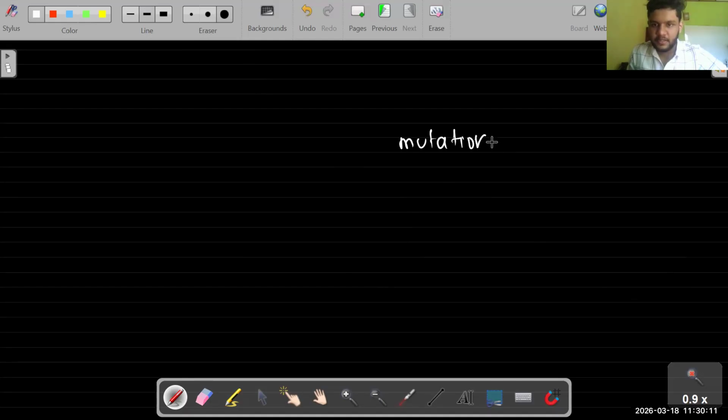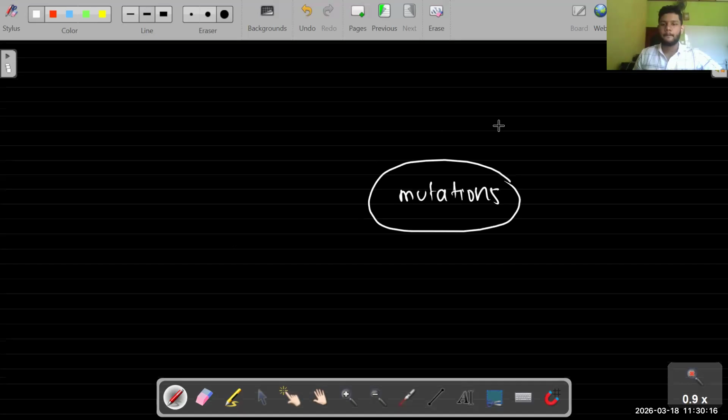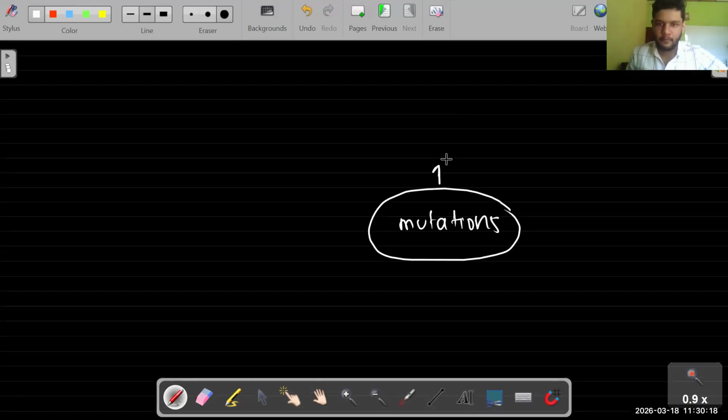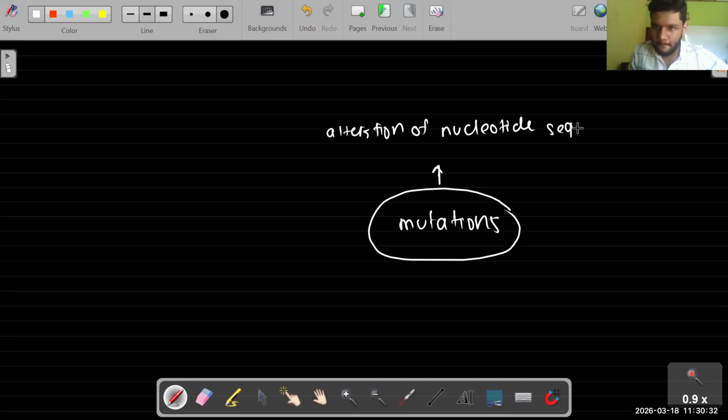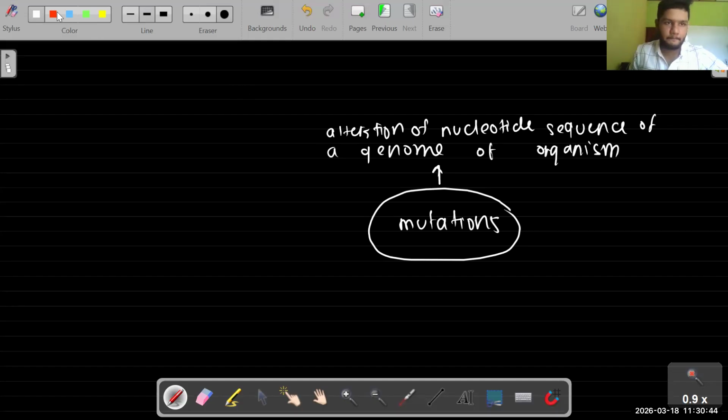Mutations. First, we'll start with the definition. What does the definition say? Mutation means alteration of nucleotide sequence of a genome of an organism. This is the definition.